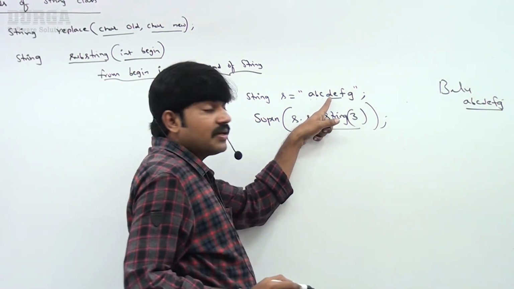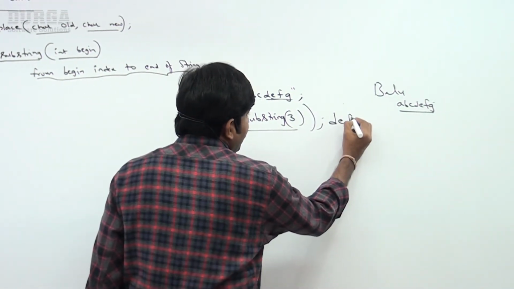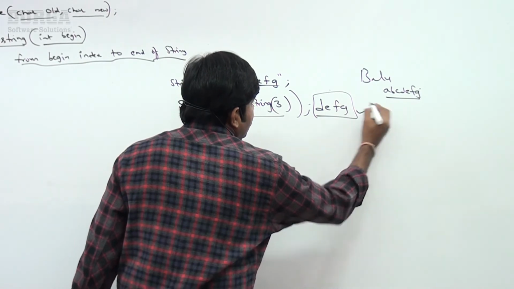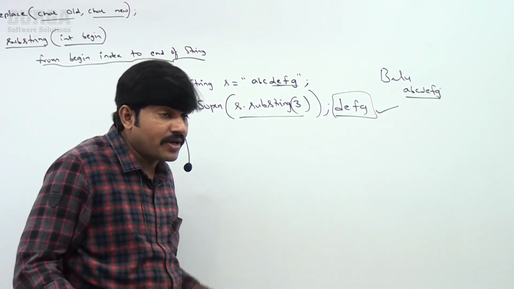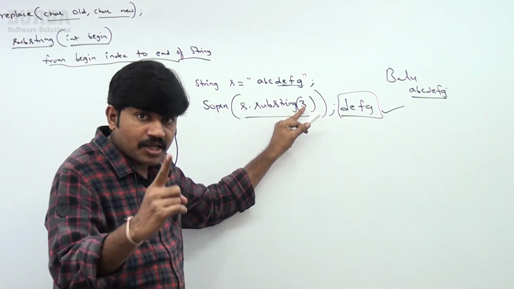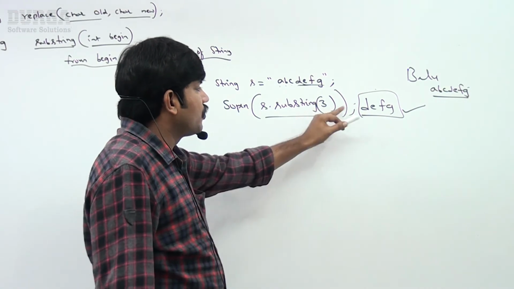So 3 means D to the end, and D, E, F, G is the answer we are going to get. How does the substring method work? How many arguments are there? One argument. From that index onwards until the end of the string, it is going to return.